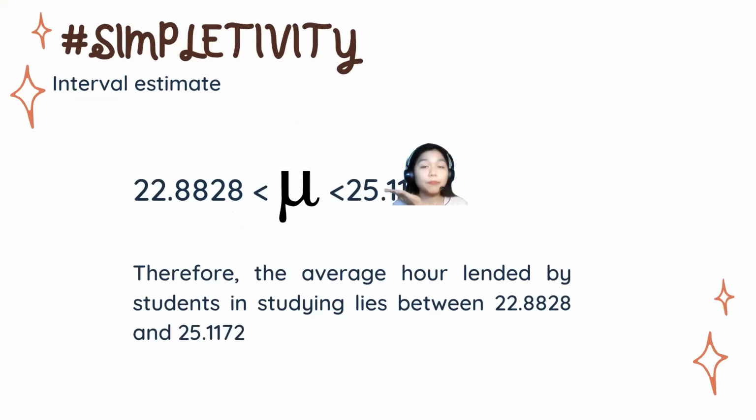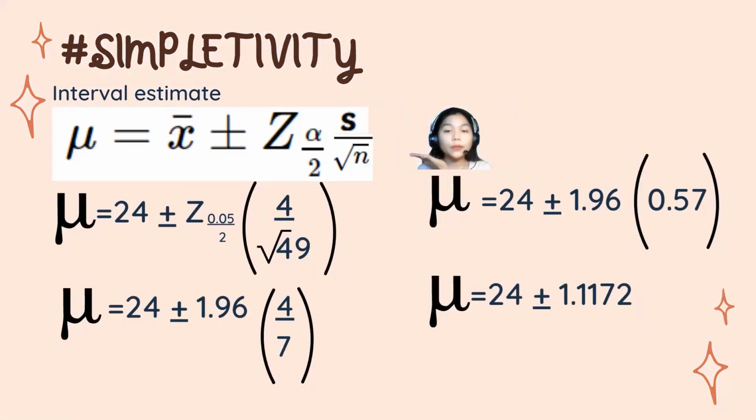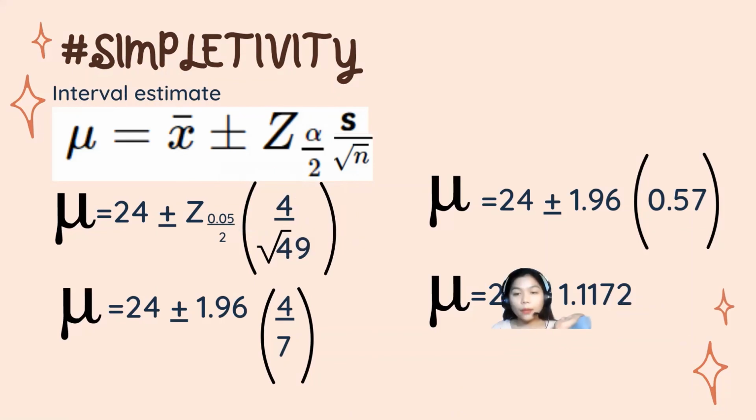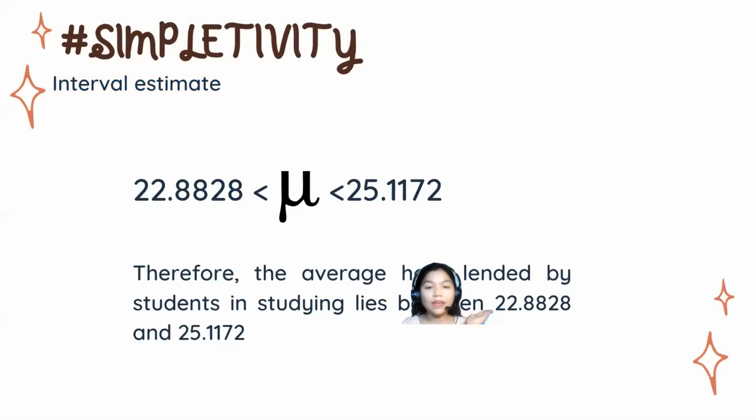This is the result when we are going to subtract 1.1172 from 24. And when we're going to add 1.1172 to 24, we will be having 25.1172. Again po, mahirap i-define yung totoo or accurate value ng ating parameter.